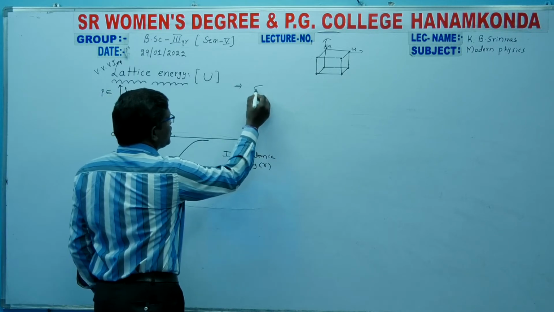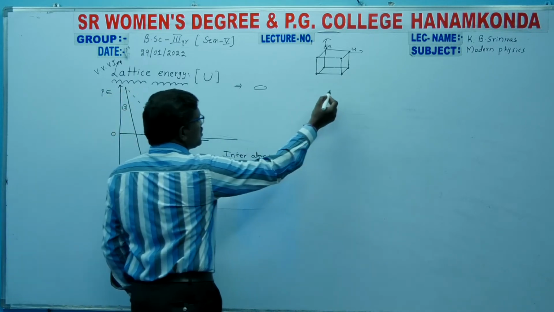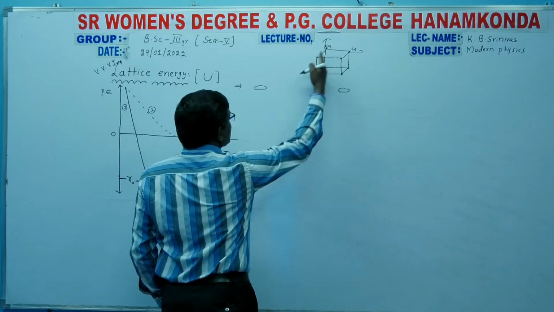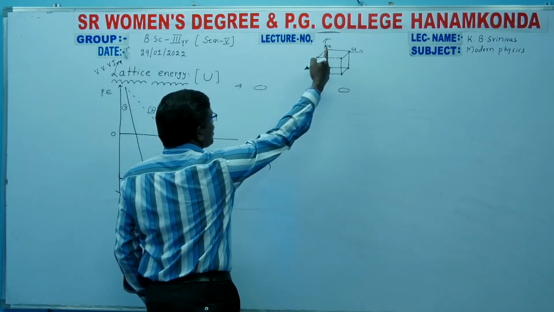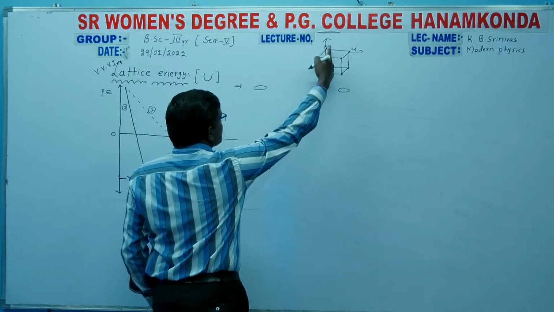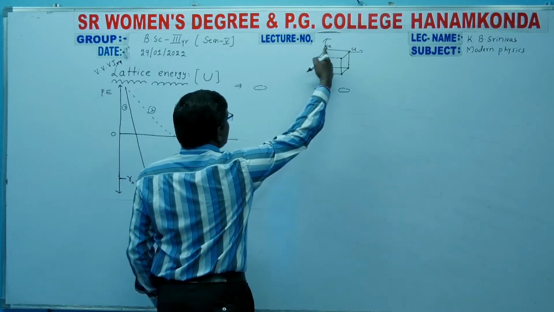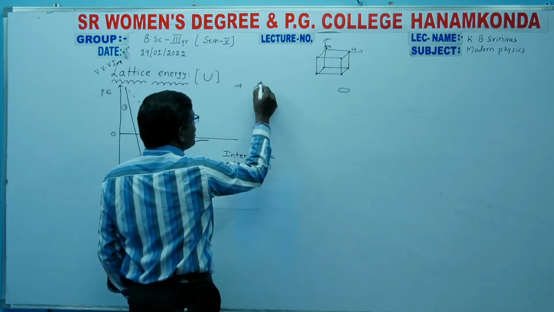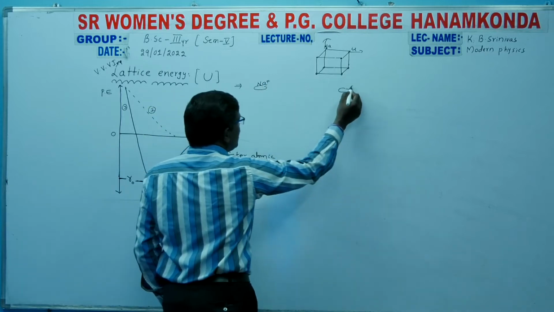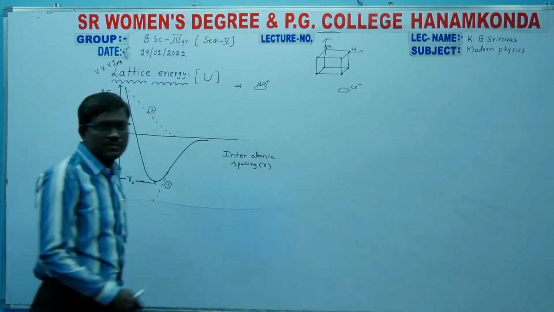Imagine we have two ions. If I consider the example of a sodium chloride crystal, it is formed due to the sodium plus ion and the chlorine minus ion.